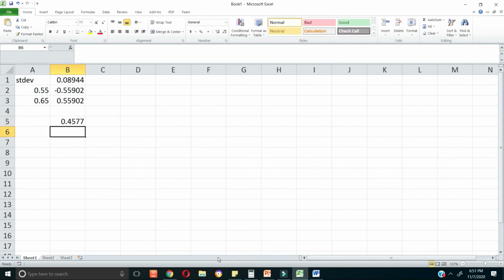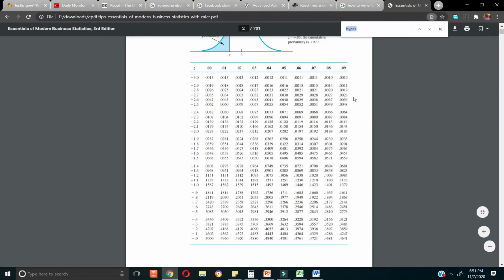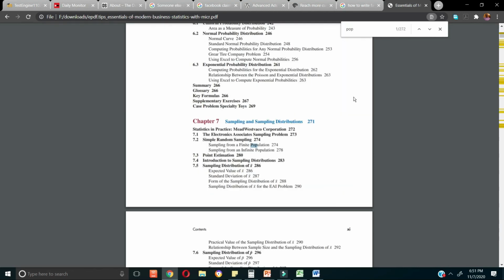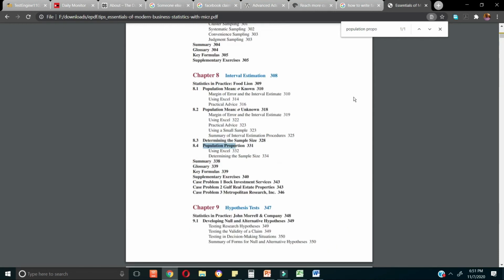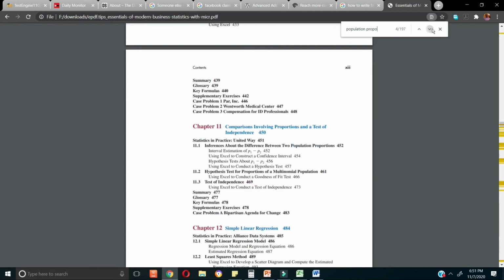You get 0.4577. So let's just see if this is what you actually have in the text, for the population proportion. Let's see where that is taking us.